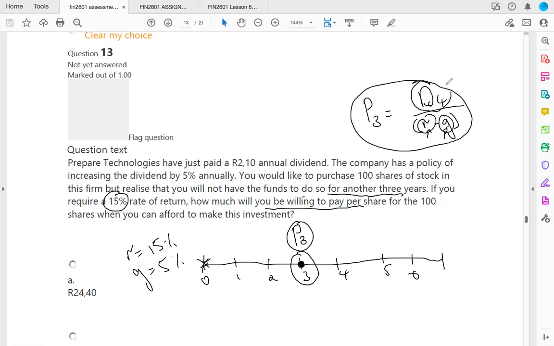But we don't have the dividend at time 4. We've been given the dividend at time 0, and we want to determine the dividend at time 4. So to determine the dividend at time 4, we can take the dividend at time 0 multiplied by 1 plus growth to the power 4. So this will give us the dividend at time 4, right?